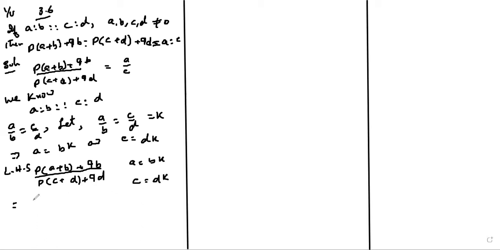So we have P times (BK plus B) plus QB divided by P times (DK plus D) plus QD.